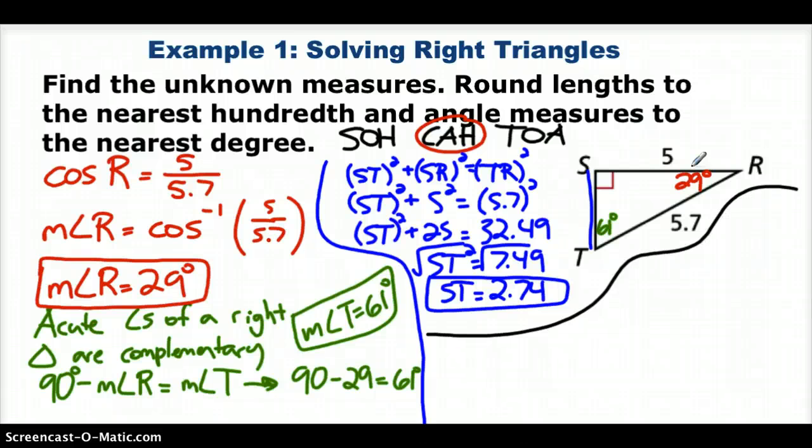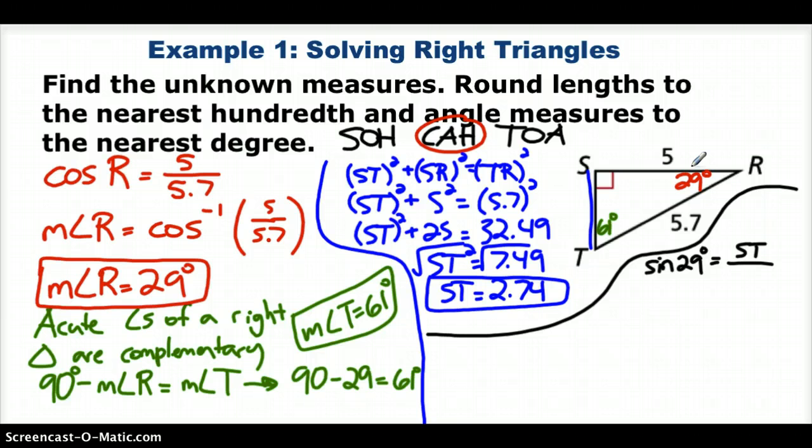There is another way that we could do this. We could use trig ratios as well here. Now remember, this 29 degrees and 61 degrees, those are rounded values. They're not necessarily exact, and so we need to be very careful when we do this using trig ratios. But what I could say here is that the sine of R is going to be equal to ST over TR, and I know TR.